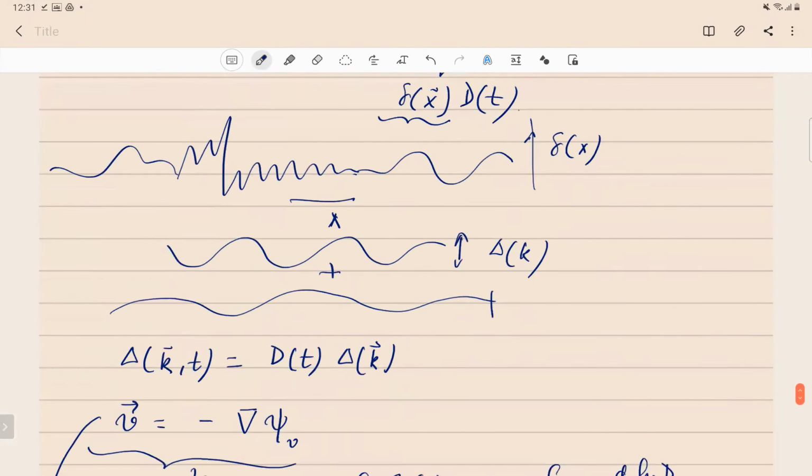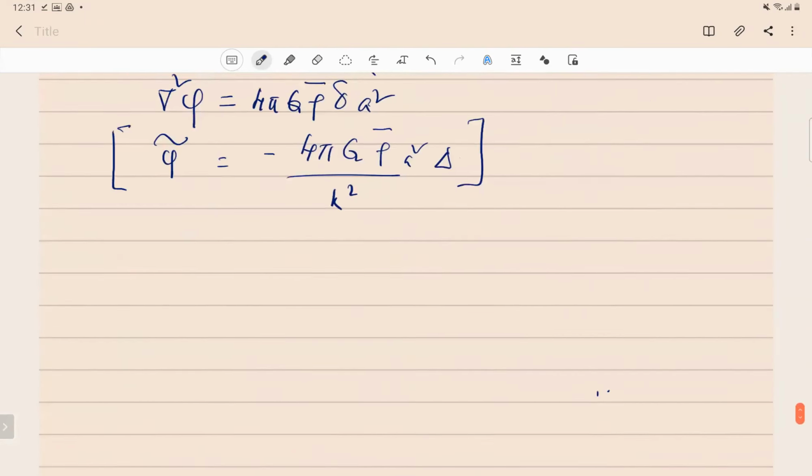Okay, so now let's go back to our discussion of growth of fluctuations again. Today we shall start with a fluid which has pressure support, so typically baryonic matter.